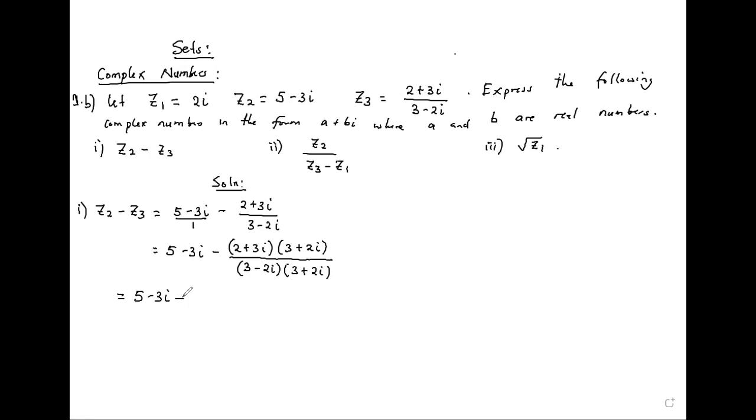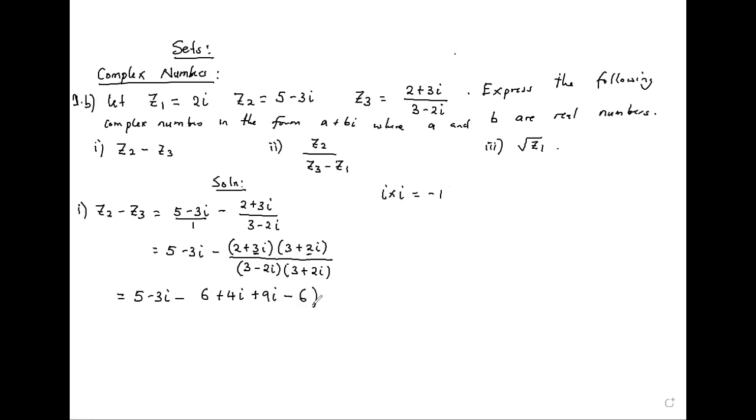So we do 2 times 3, and we get 6. 2 times 2, we get 4i. 3i times 3, we get 9i. And then i times i is equal to negative 1. So we have negative 1 multiplied by 3 times 2. So we get minus 6.